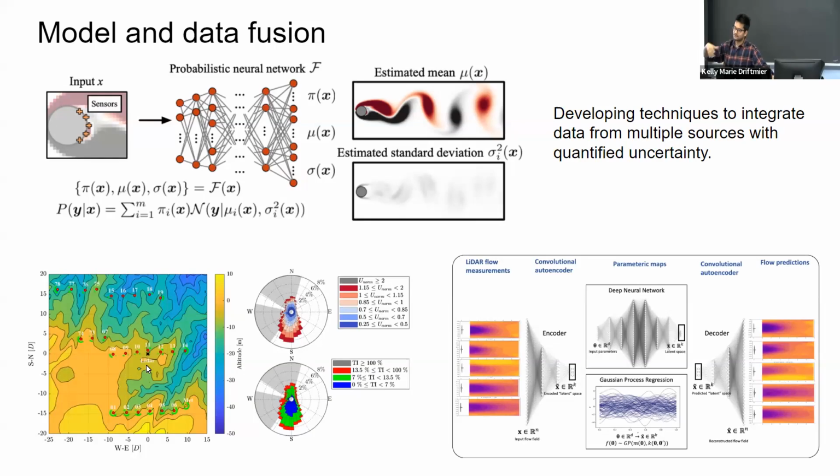I'm not an experimentalist, so feel free to correct me, but it scans the wake behind these turbines to calculate the wake deficit. The yellow triangle on the bottom right is a MET station. This is a station by the state government of Texas that's taking readings of the temperature of the atmosphere, the amount of mixing in the atmosphere, the time of the day, and so on and so forth.